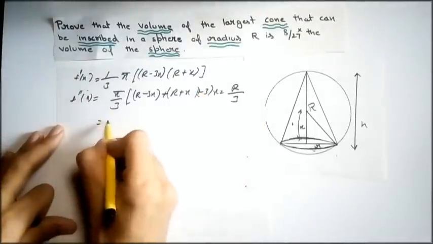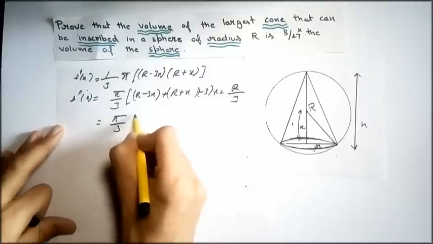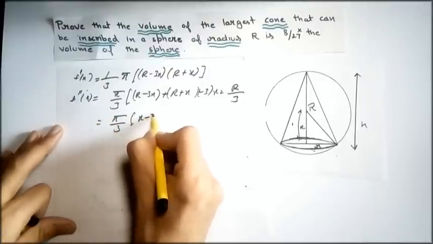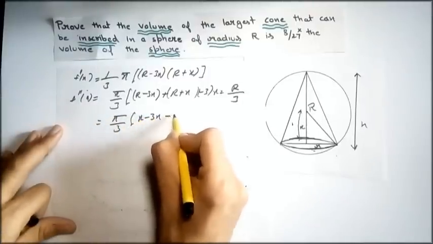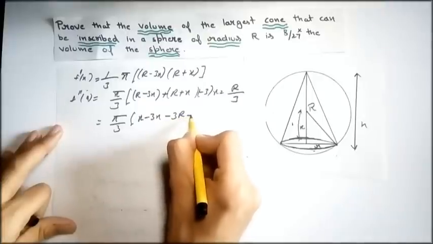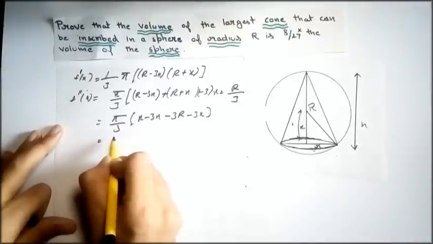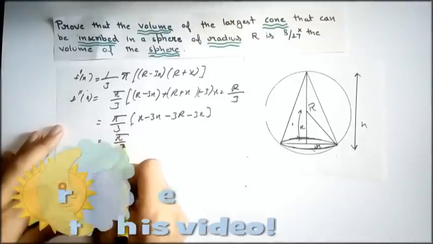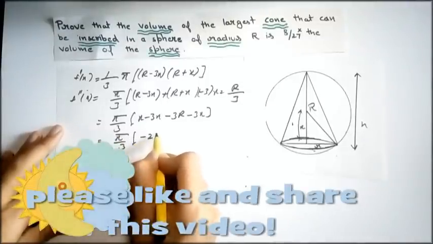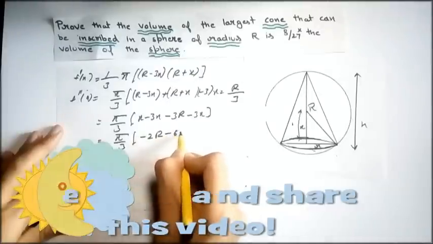So now pi by 3 times r minus 3x minus 3r minus 3x, and now this is pi by 3 times minus 2r minus 6x.